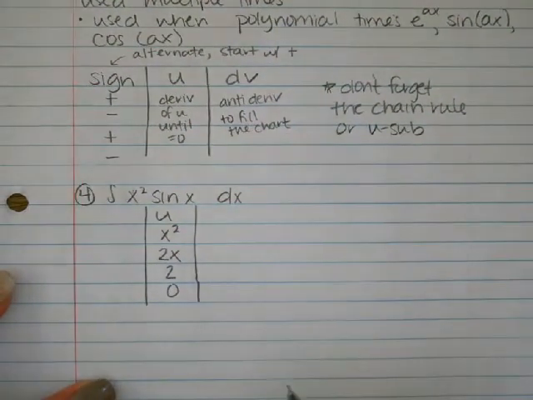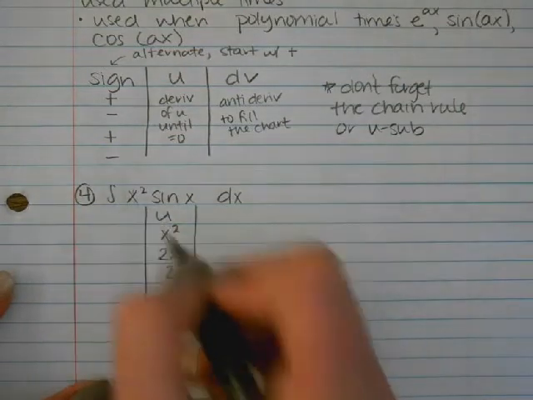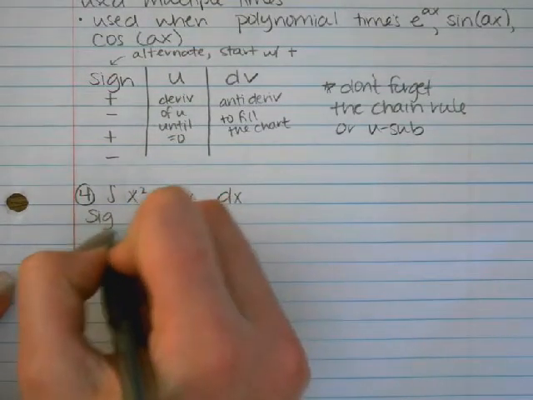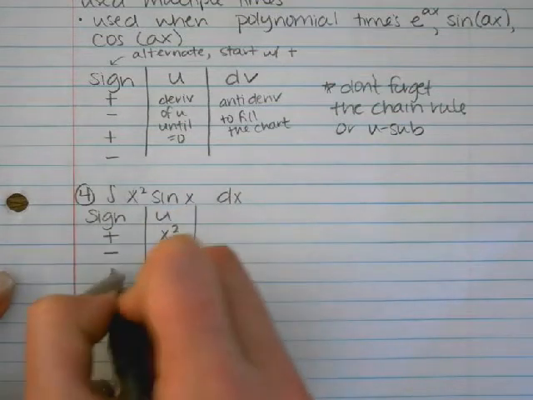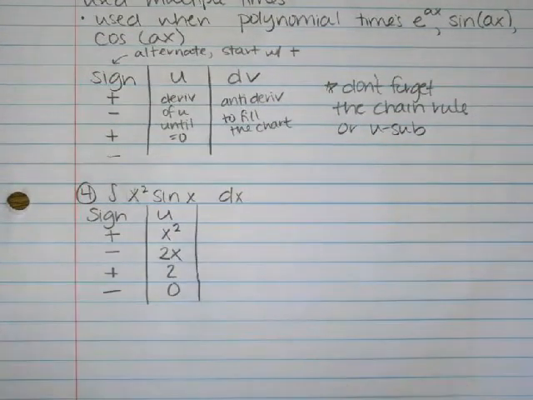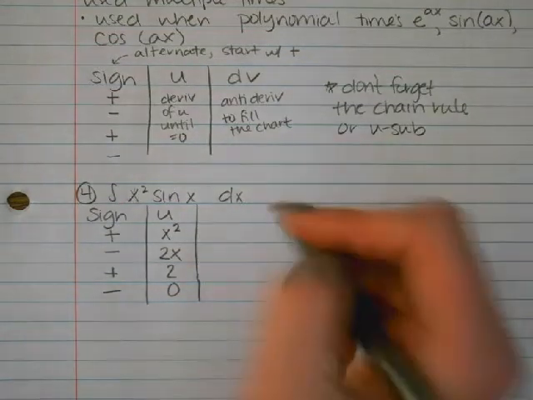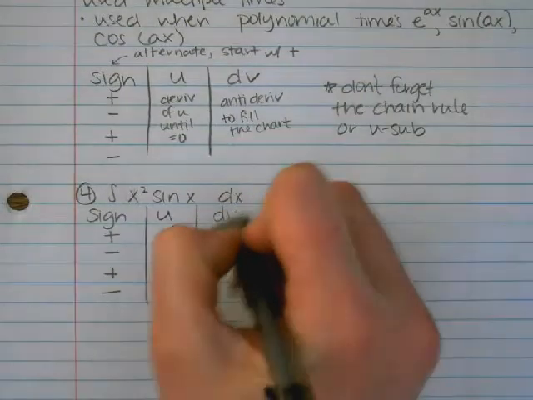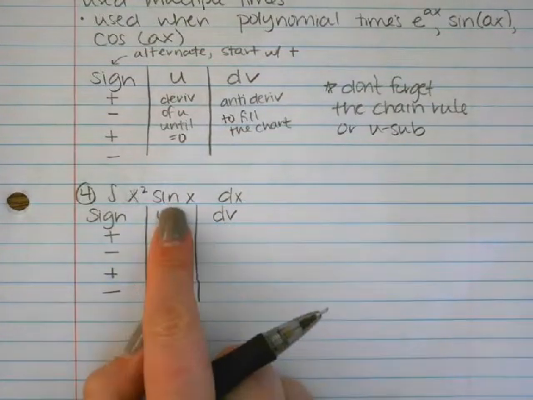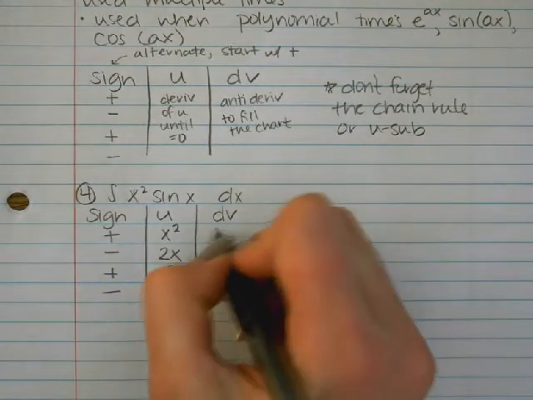And then I can go ahead and fill in my signs. So I've got plus, minus, plus, minus. And dv for this problem was sine x.